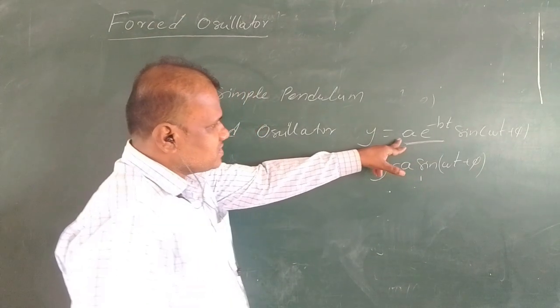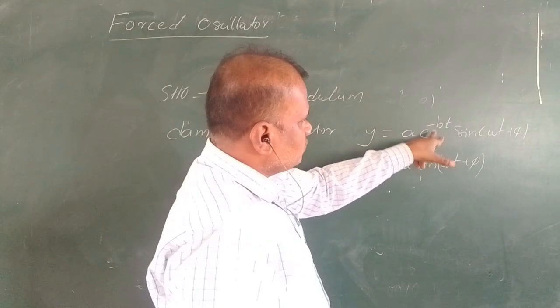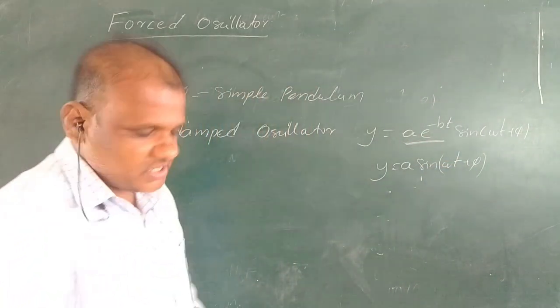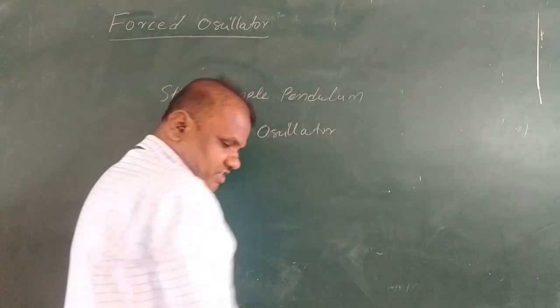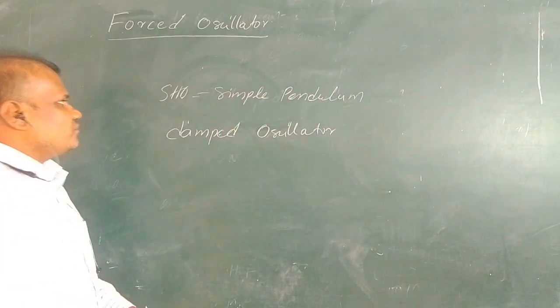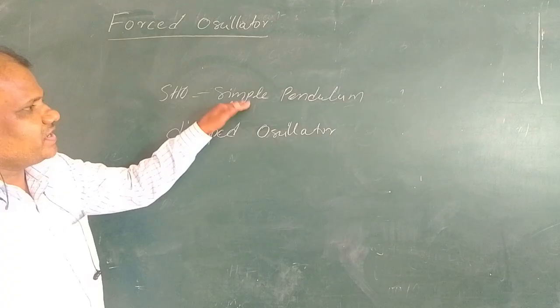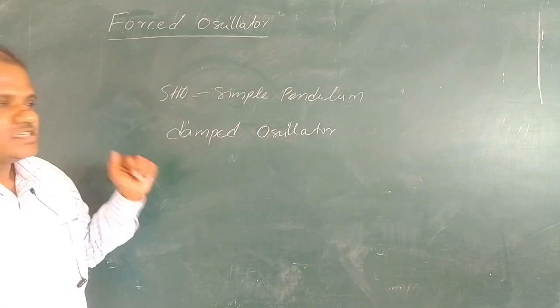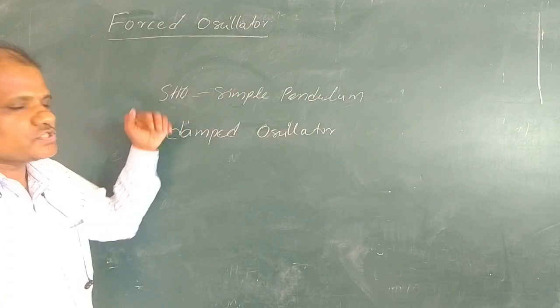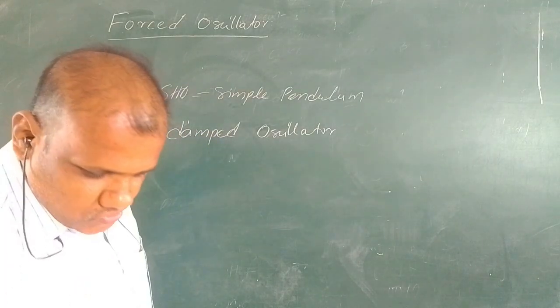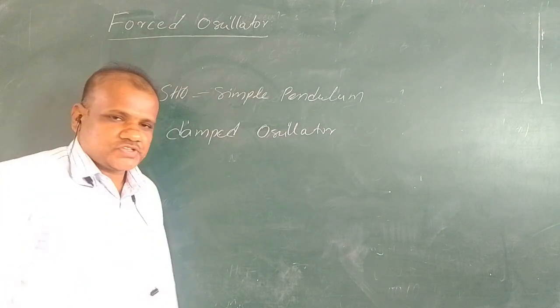Here a e to the power minus bt is a function of time, which means the amplitude decreases with respect to time. So first we have the simple harmonic oscillator where amplitude is constant, but because of the medium friction the amplitude slowly decreases. That is called the damped oscillator.